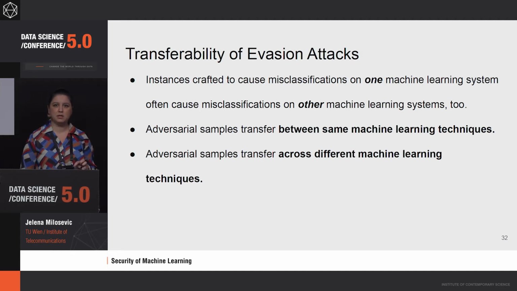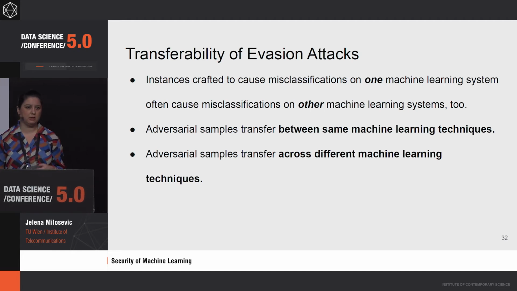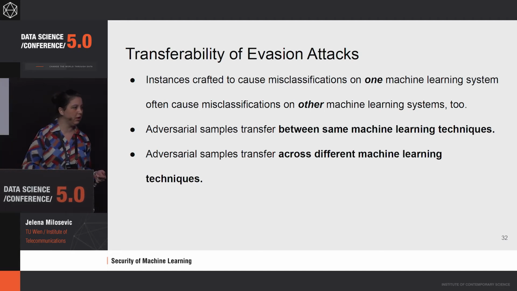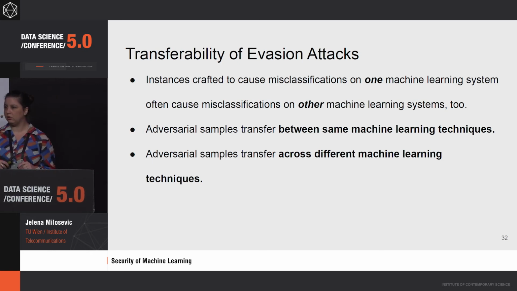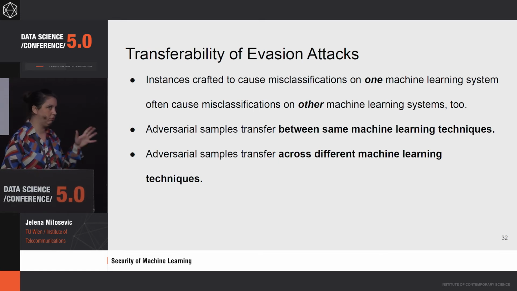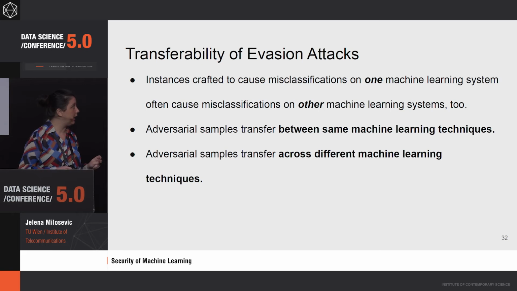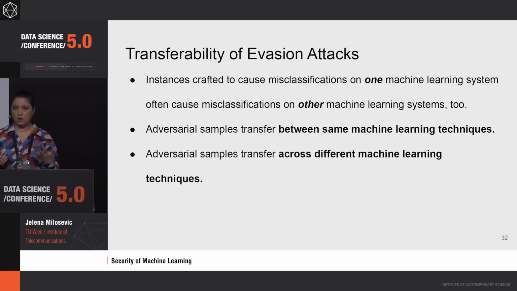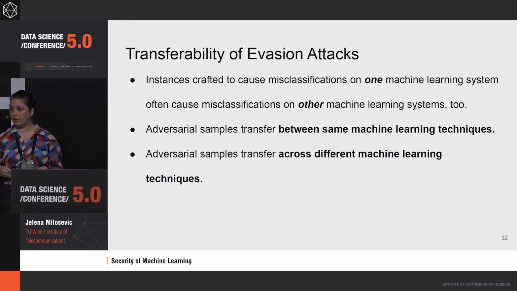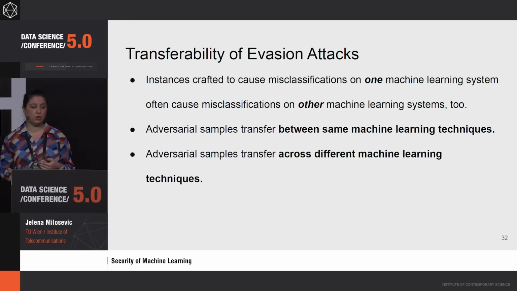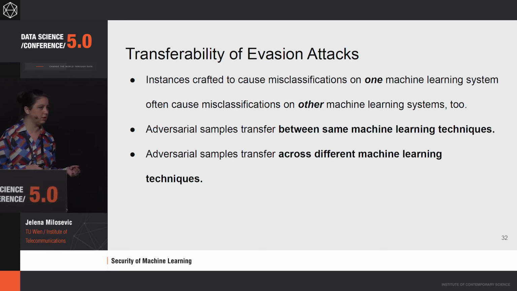So, as I previously mentioned, these attacks exist. These attacks can be automated, but these attacks also transfer. And the reason why they transfer is the existence of a phenomenon called transferability. This phenomenon was discovered around 5 years ago, and it showed that instances misclassified on one machine learning system frequently are misclassified also on other machine learning systems.